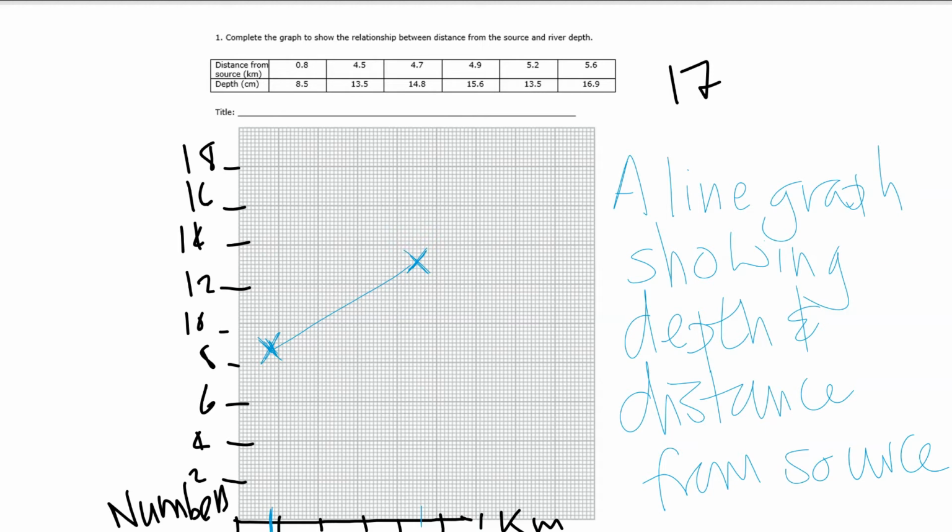Now, just realised there's one thing, of course, that I forgot to put on here, which is to label the axes, and I need to have here, again, the same thing, distance from the source, and we've got the units there of kilometres, and up the side here, we've got depth. Again, you can do this much more neatly than I can do on the computer screen, in centimetres.